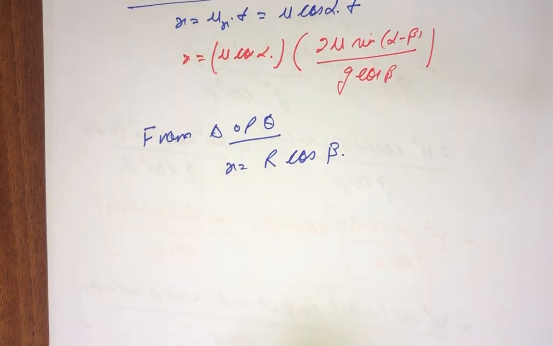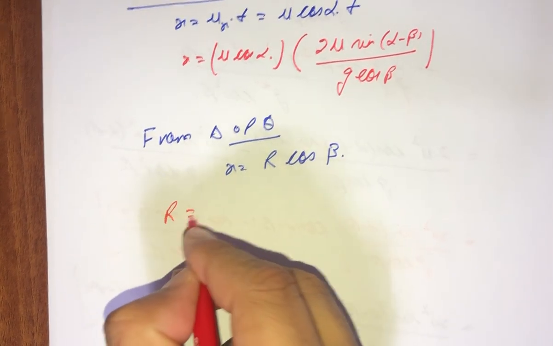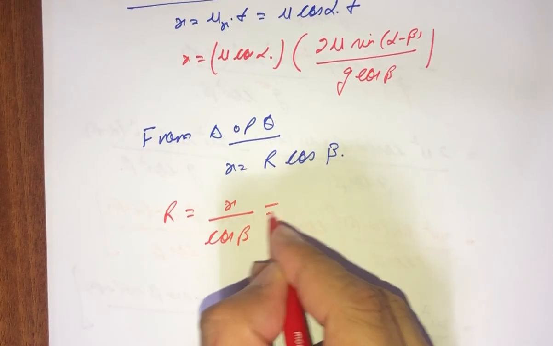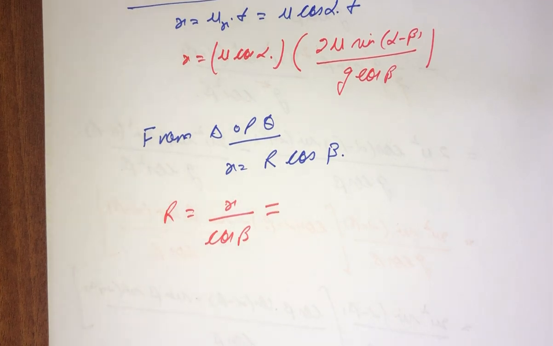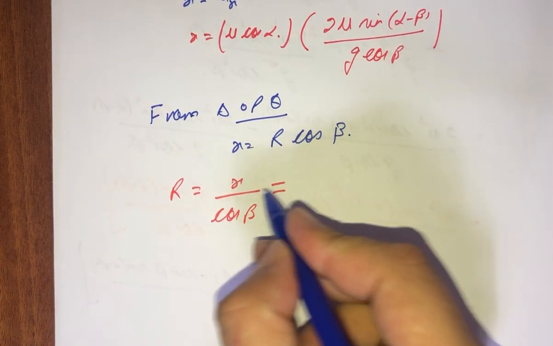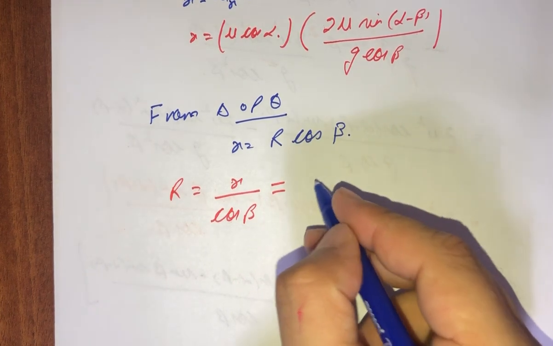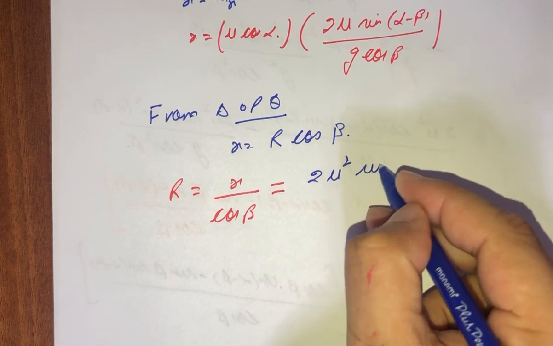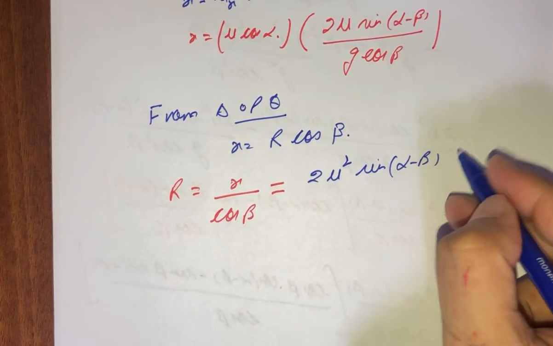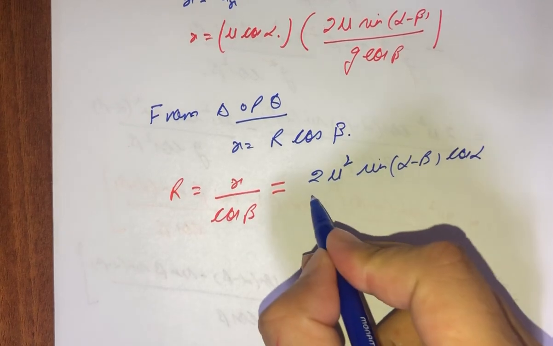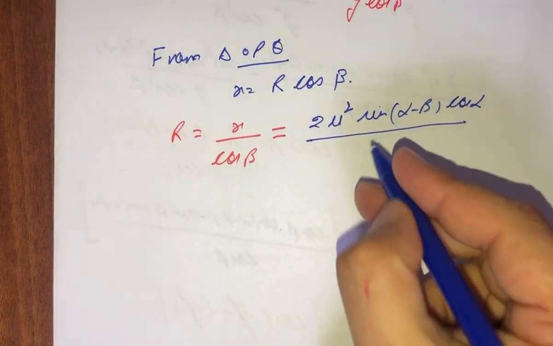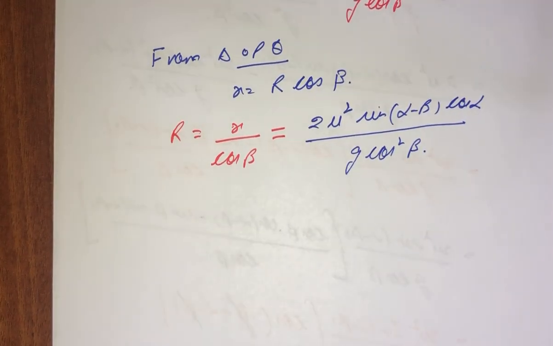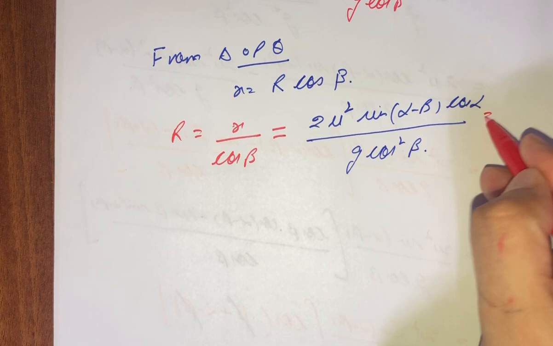So from here we can write that r will be equal to x divided by cos beta. We already know what is our x, so we put it here. We get this as 2u square sine alpha minus beta into cos alpha divided by g cos square beta. So this is equal to our range.